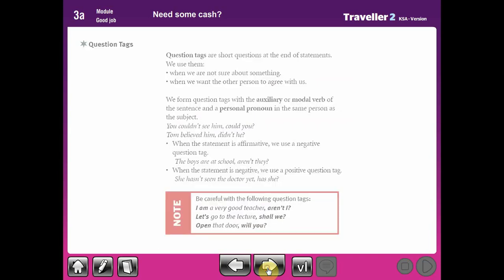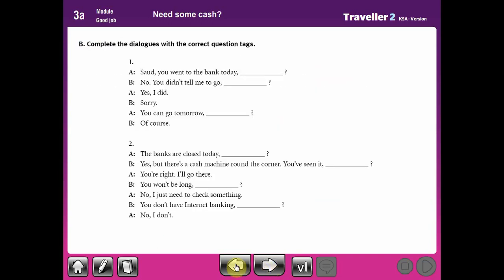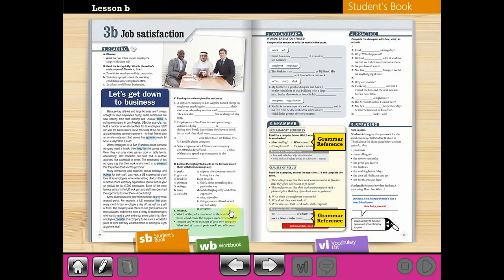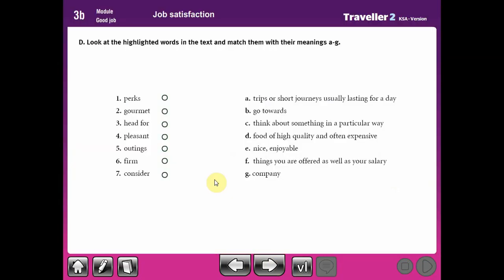To the next part, we have the practice here, yes, and the next page, I think, yes. And the next page we have here, yeah, this part, yes, it's vocabulary. The first word is perks, and perks means things you are offered as well as your salary.